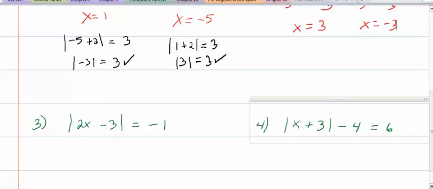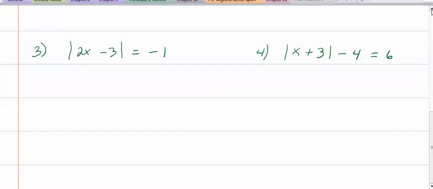Okay, number 3 and 4. We're only going to do a few problems on this because it's pretty easy. Okay, two problems, absolute value. So I look at my problem here, and I say, okay, here's the absolute value of 2x minus 3 is equal to negative 1. Wait a minute. Absolute value always has to be positive.